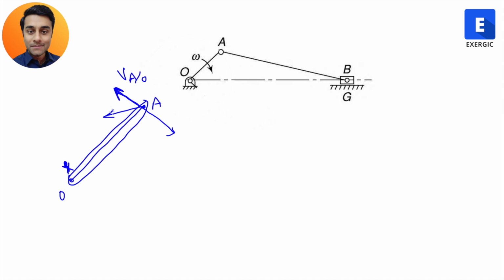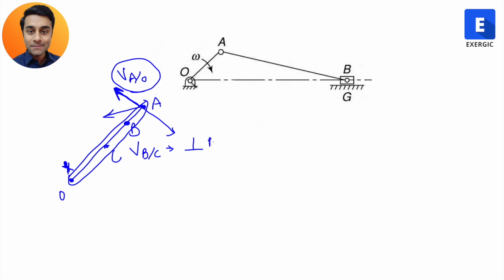So it is the relative velocity of any one point on a link with respect to any other point on the link, be it A or O. This point can be B, and this O can be C. There also this funda is valid: the velocity of B with respect to C will only be perpendicular to BC.